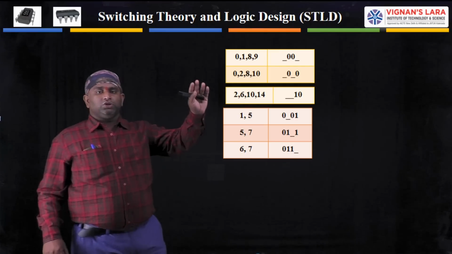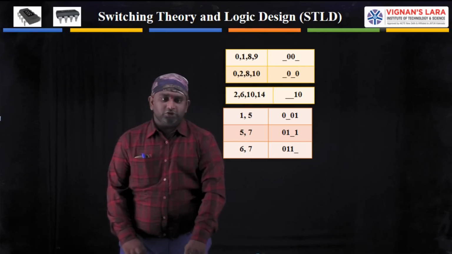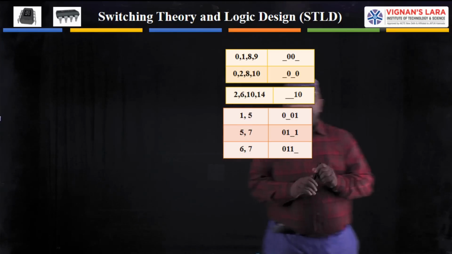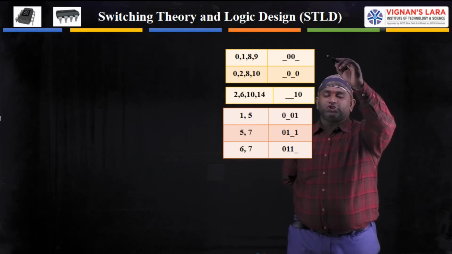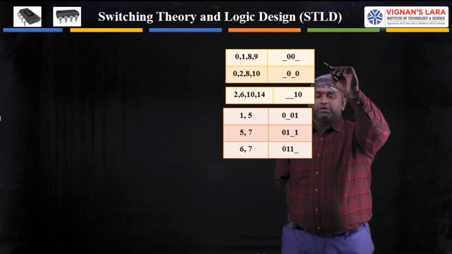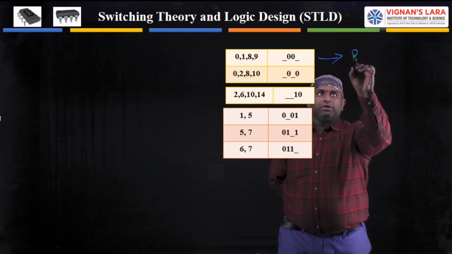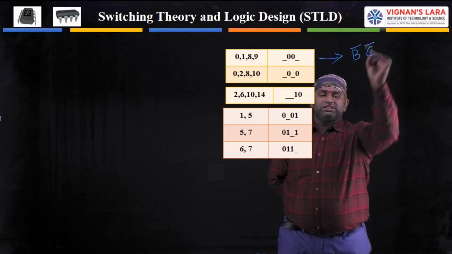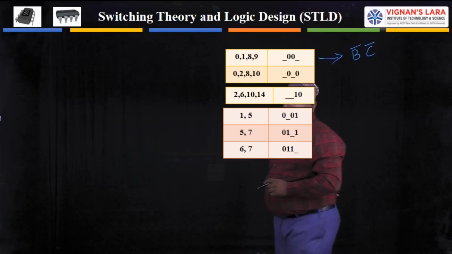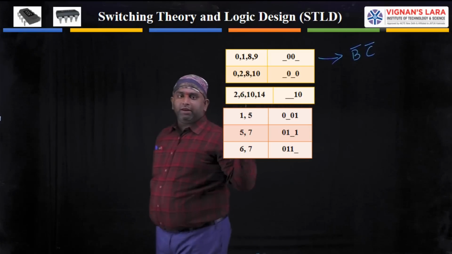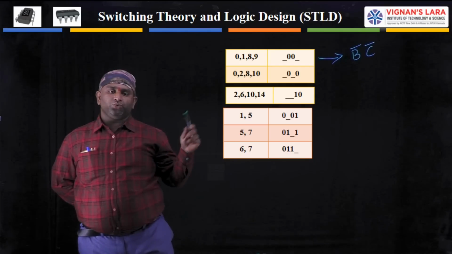So this combination, dash 0 0 dash, is representing B bar, C bar. The remaining two dashes we have neglected.